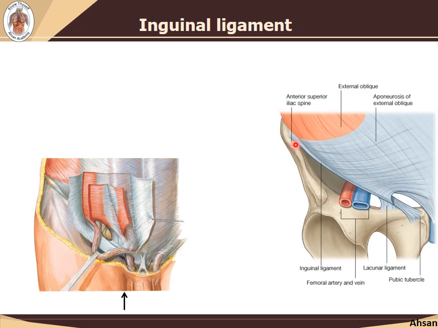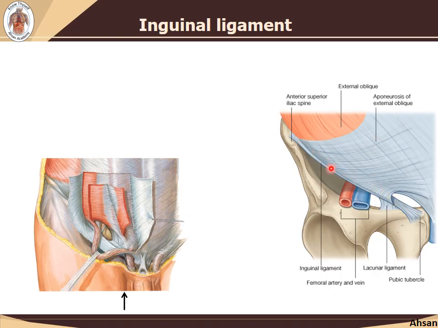Now, this free part is thickened and enrolled. You see, this is enrolled. Attached here to the pubic crest and the pubic tubercle, anterior superior iliac spine. So between these it is very thick and enrolled, making a groove, the lower part.